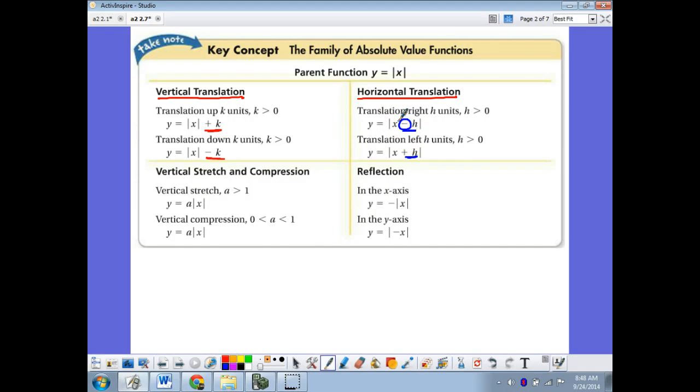If we are subtracting a value from the x, that means we are moving it to the right. Okay, it's a negative value inside. We're moving it kind of opposite what we would think, so we move it to the right. If we are adding something, then we are moving it to the left.